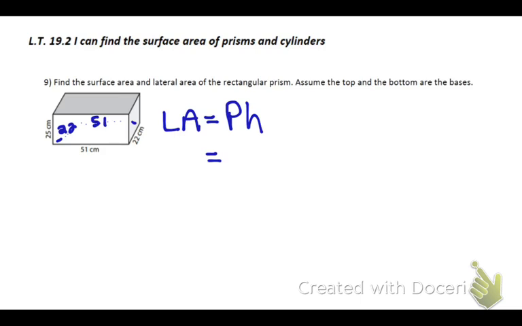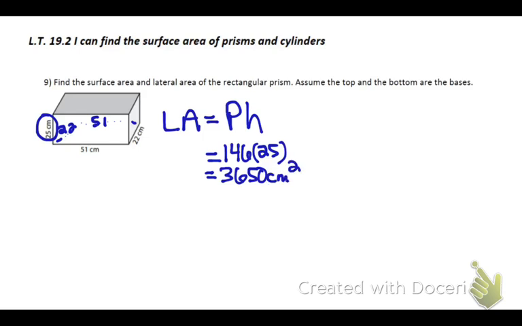So I'm going to do 51 plus 51 plus 22 plus 22. I get 146. The height is right here, that's 25. So let's multiply those together. 146 times 25 is 3650, and that is square centimeters.